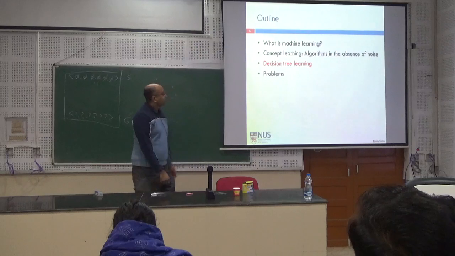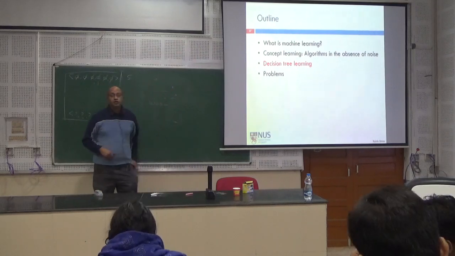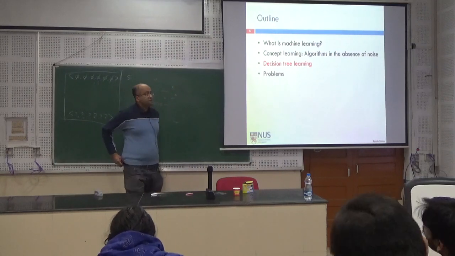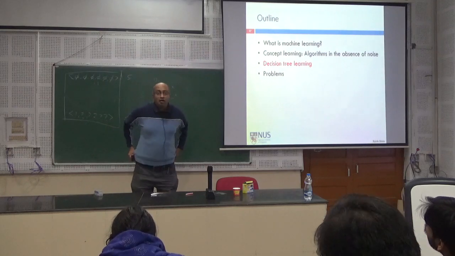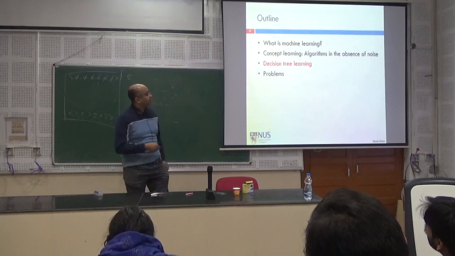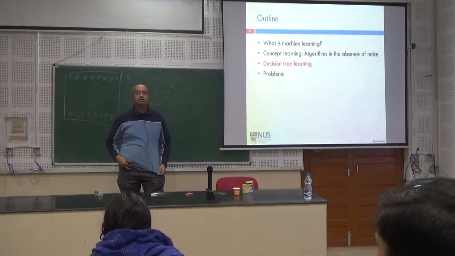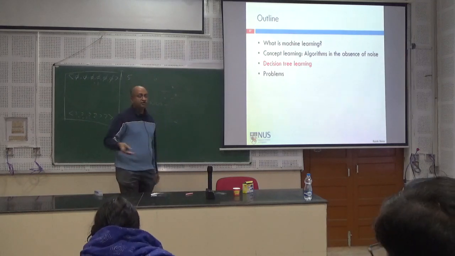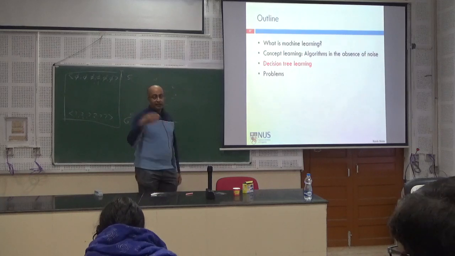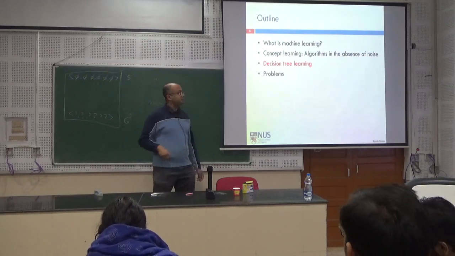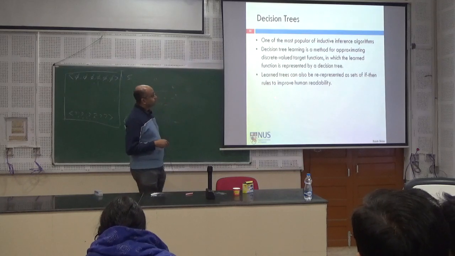Okay. So now what we'll do is we'll move on to the next one, which is called decision tree learning. And so far in the discussion, we have had no noise. We assume all the training data is correctly labeled. Right? But now we'll generalize it a little bit and see how we can handle noise also. So we'll go to decision trees.